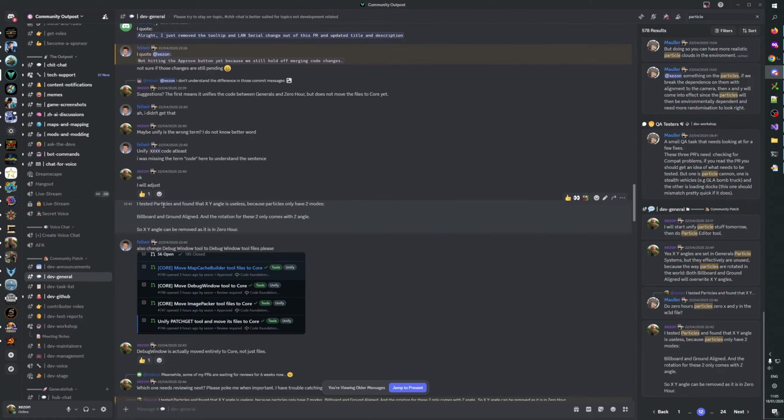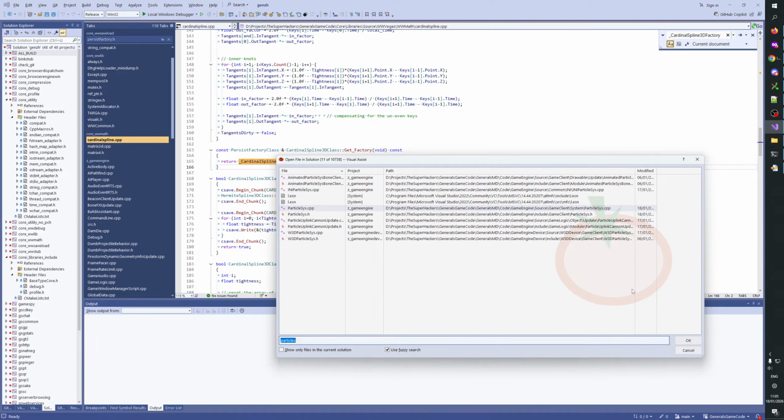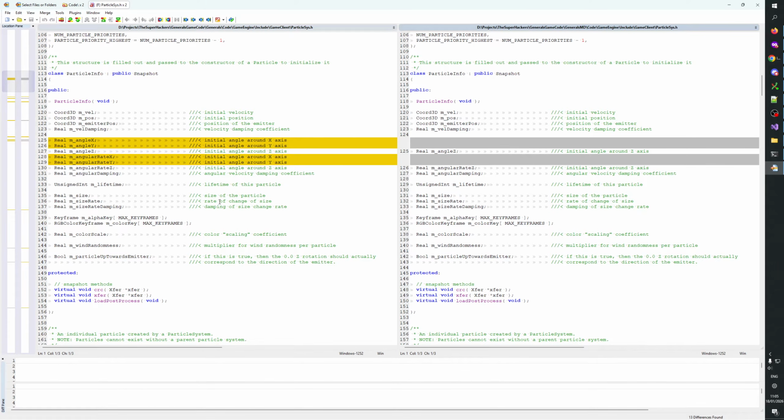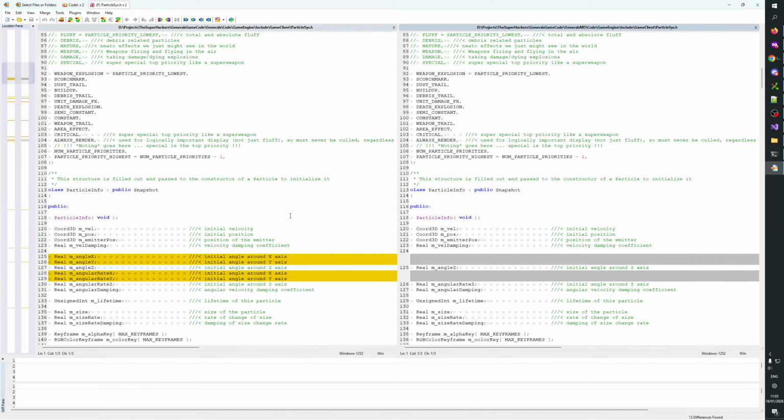Okay, particles. Okay, then angular rate x, y. Yeah.